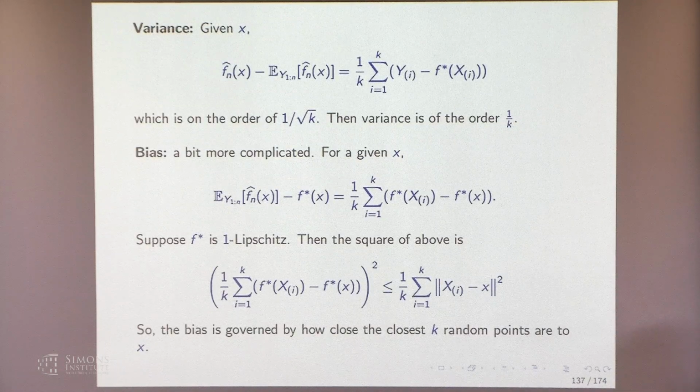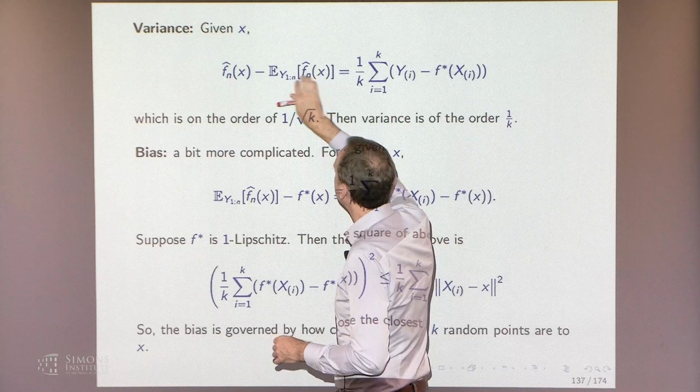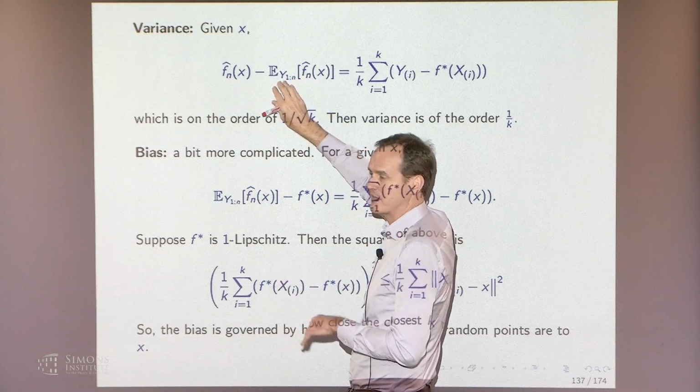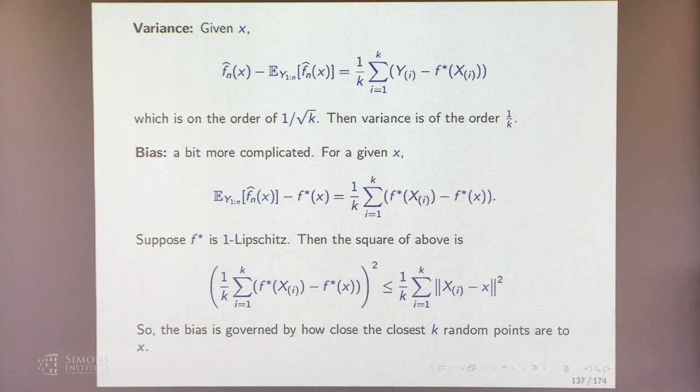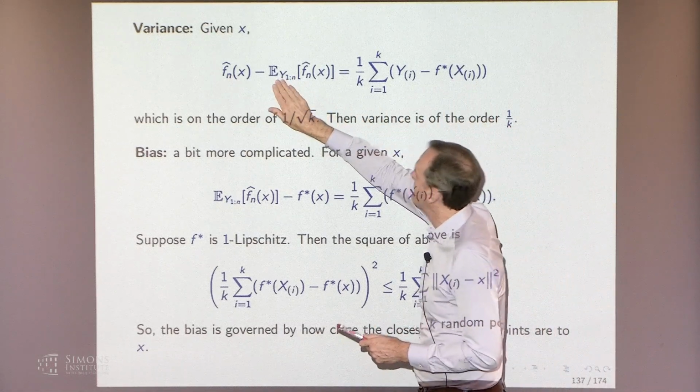What about these two components of our excess risk? So the variance component is considering our predictions versus the average of our predictions, under this choice of the labels in the sample. So the conditional expectation given everything else. So of course, that's just the average.